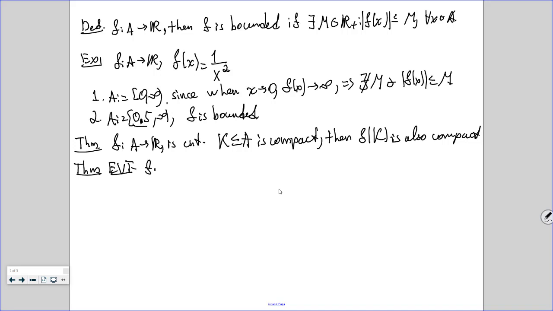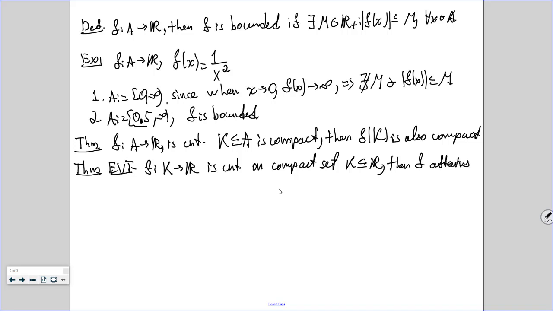The extreme value theorem says if function f is continuous on a compact set K in R, then f attains a maximum and minimum value.